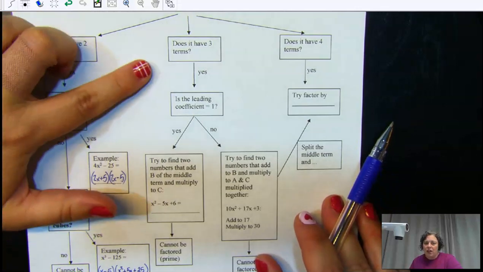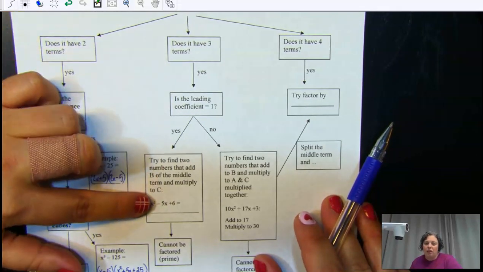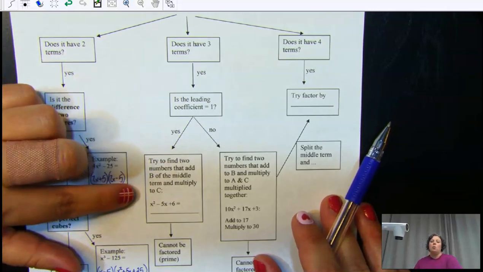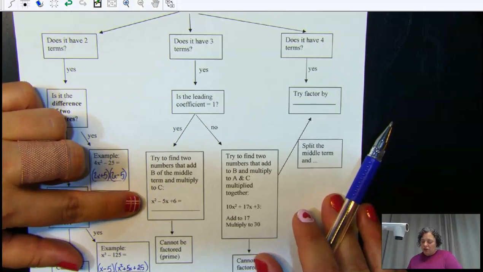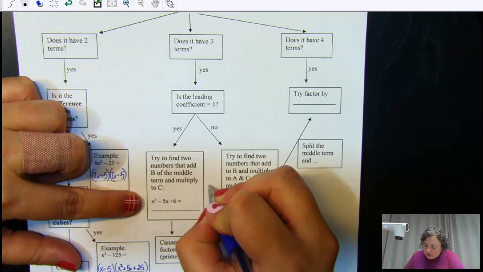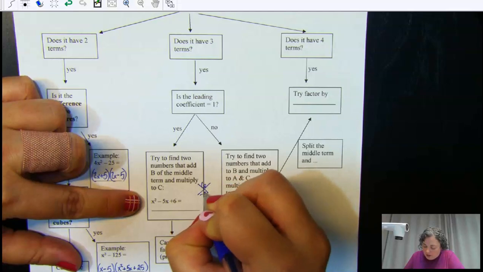If it has 3 terms, then you want to check if the leading coefficient is 1 or not, to see if you want to do the shorter way or the longer way. So for this case, we're going to see what multiplies to 6 and adds up to -5.